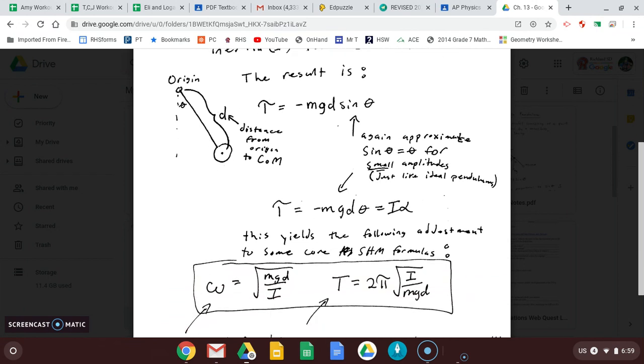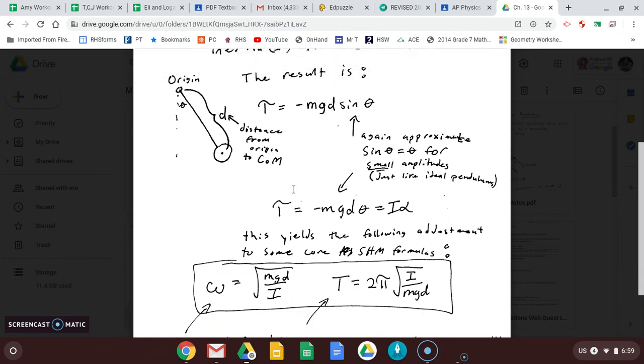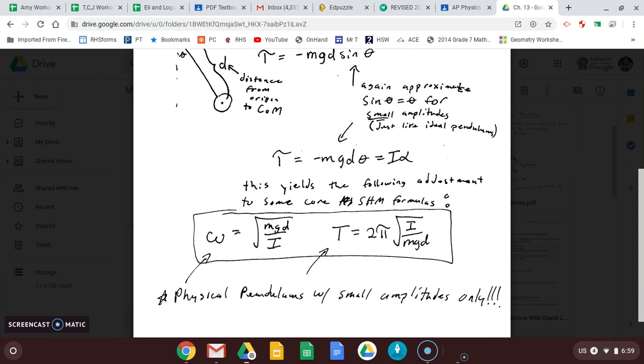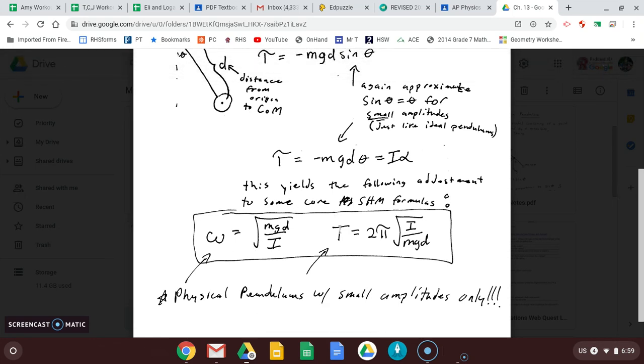Now, if we recall that if that is the only torque on the system, Newton's second law for rotation tells us that the sum of all torques, or just that torque now at small amplitudes, is equal to I times alpha. So we make that connection. And that fact yields some adjusted formulas, particularly the two we're going to care about the most in this section, which are for the angular velocity and the time period involved with physical pendulums.